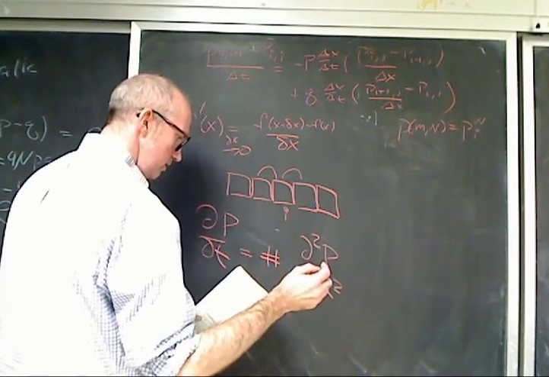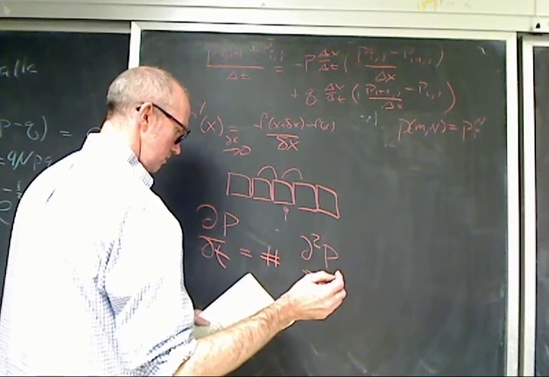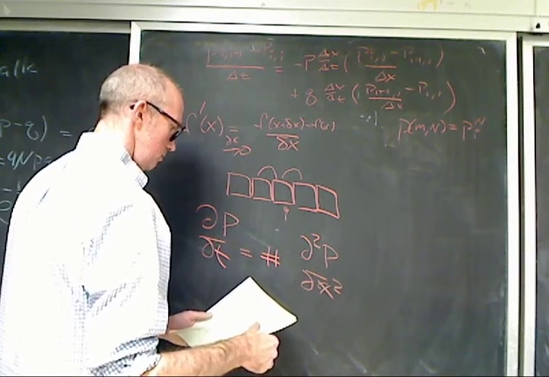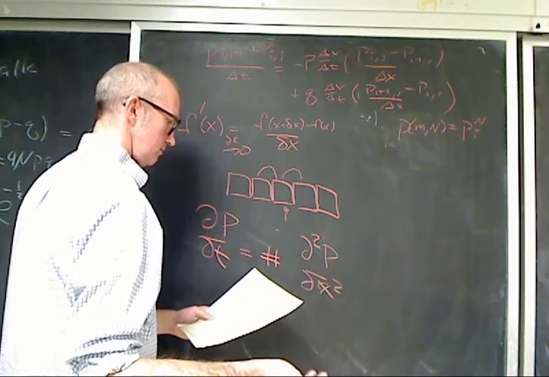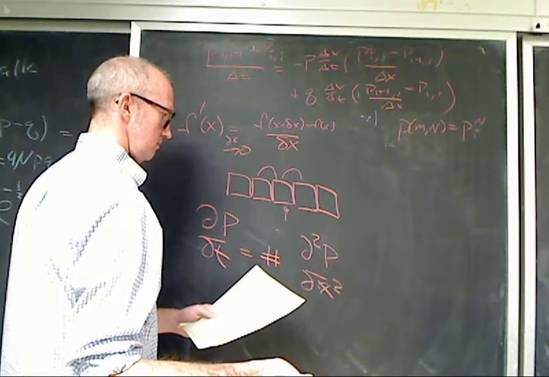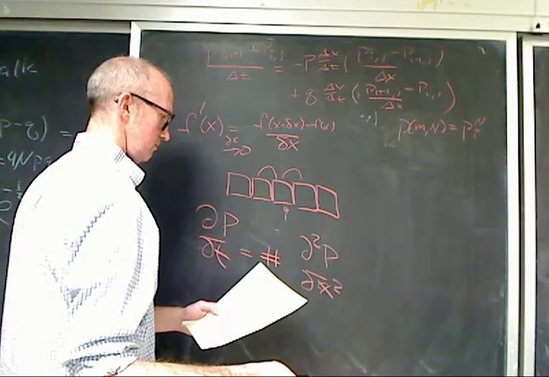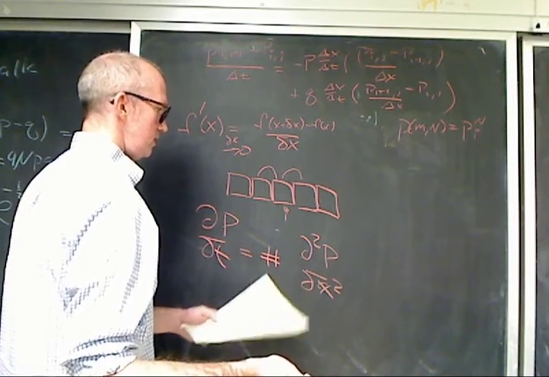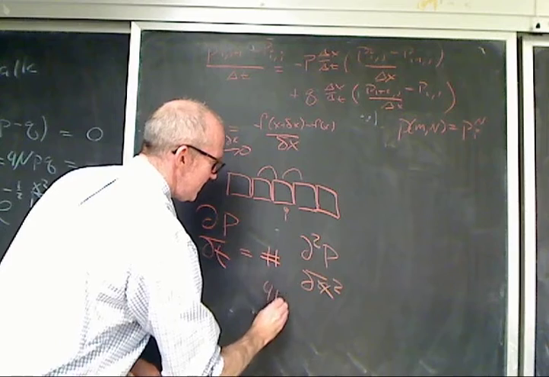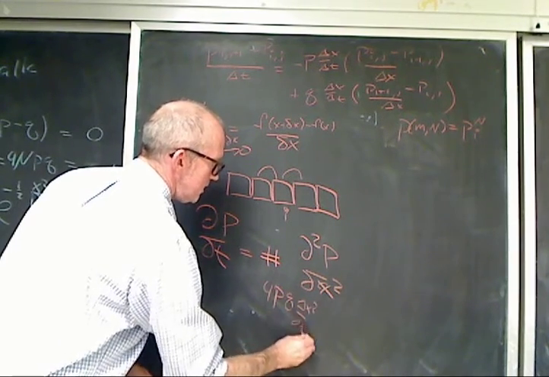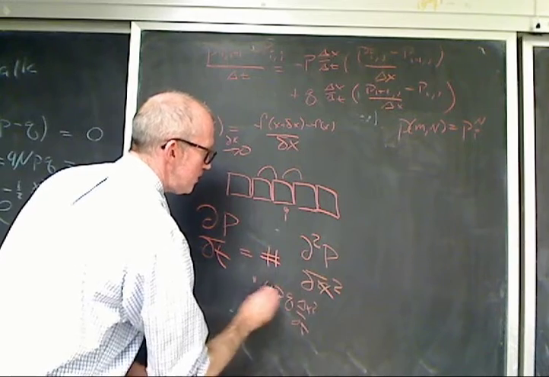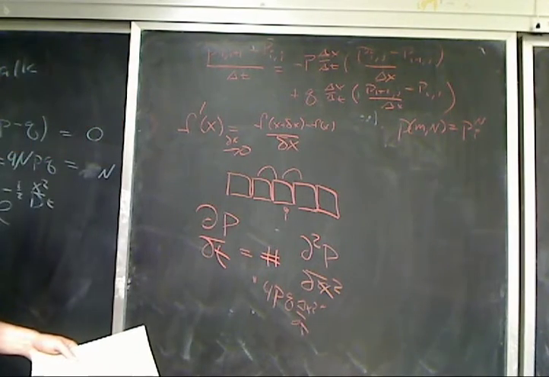And that number is upstairs on my desk. It's 4P cubed delta x squared over delta t. I'll put that in quotes just in case there's something that I forgot.